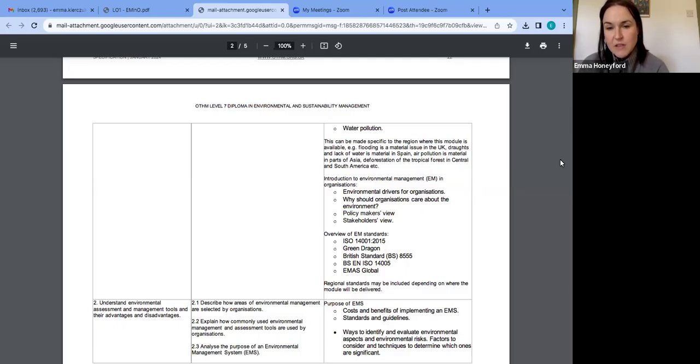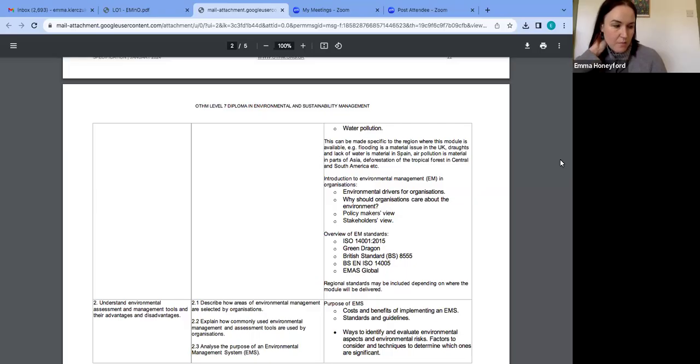So why should organisations care about the environment? It makes sense. We need to look after our natural systems. They give us resources, so it makes sense that organisations want to look after those systems that bring them profit essentially. And then policymakers' views, we'll discuss them and how they may be different from the stakeholders' views.